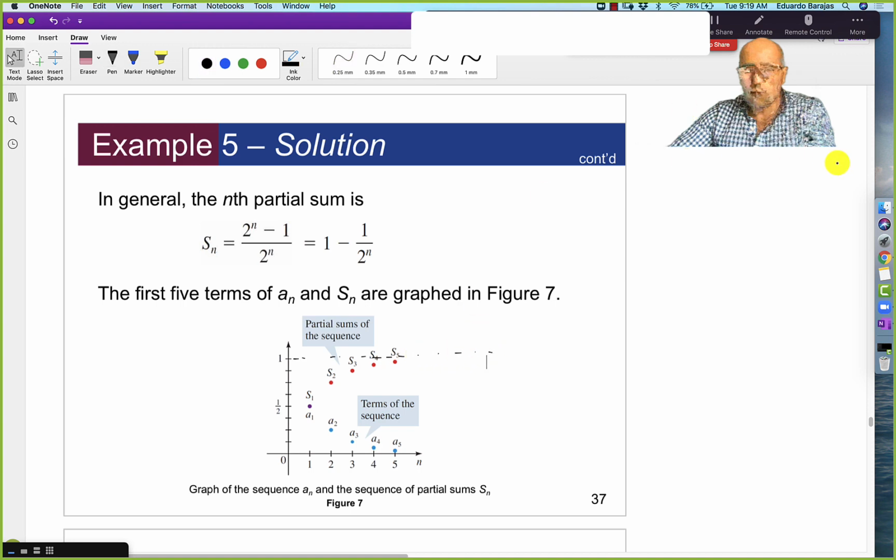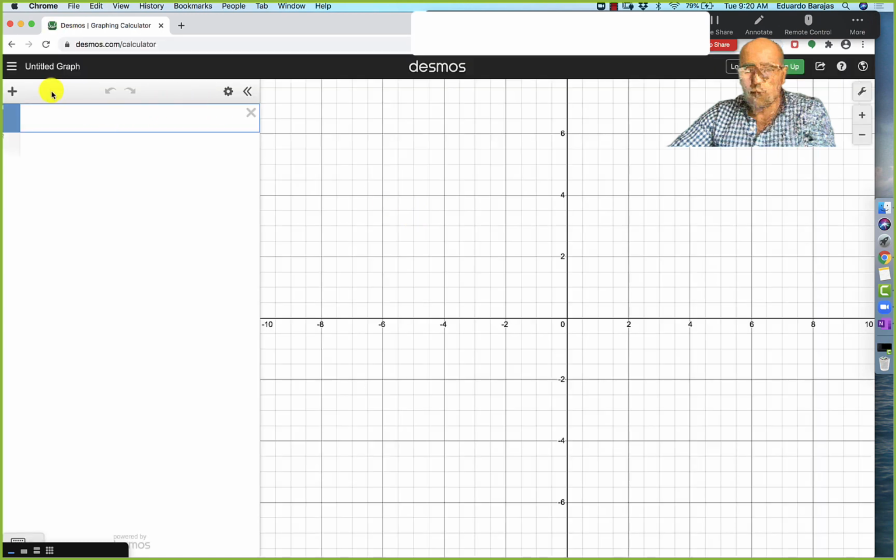Let's see if this looks good on Desmos. Let's create a table, and we have n, and then we have 1 minus 1 divided by 2 to the power of n.